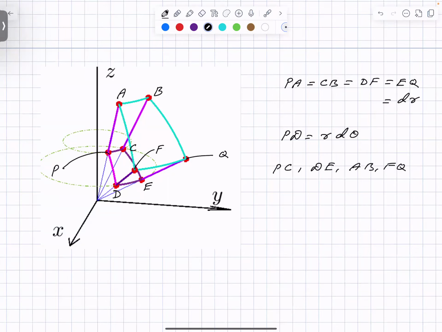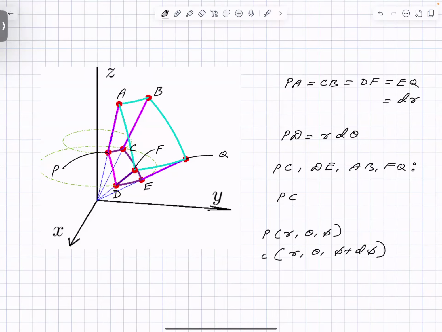So think about it. This might need a little bit of thinking. So I'd like you to think about it and find the length of PC. So remember, the point P has coordinates r theta phi, whereas C has r theta phi plus d phi.